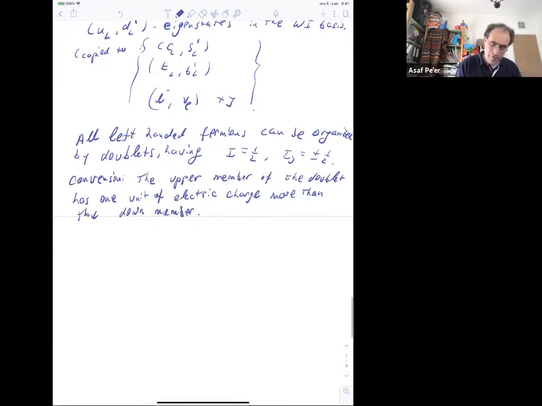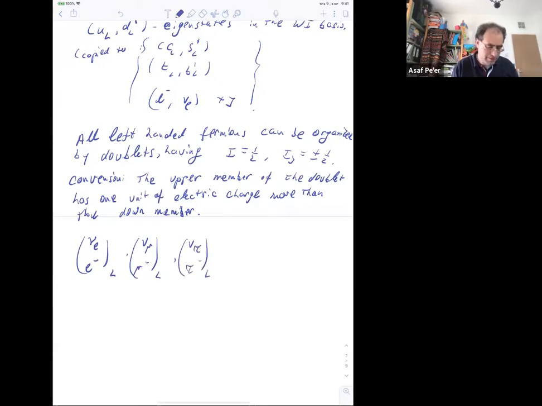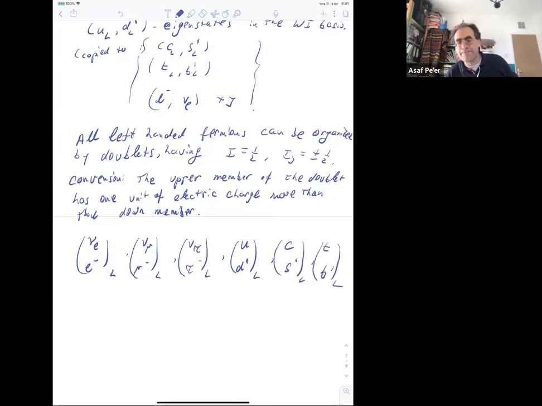So the doublets would be the neutrino and the e minus left, and of course copied: neutrino mu and muon left, and neutrino tau and the tau left. Then for the quarks, it would be the u, d prime, in the interaction basis, left; c, s prime, left; and t, b prime, left. d prime, s prime, and b prime are related to the mass eigenstates by the CKM matrix.